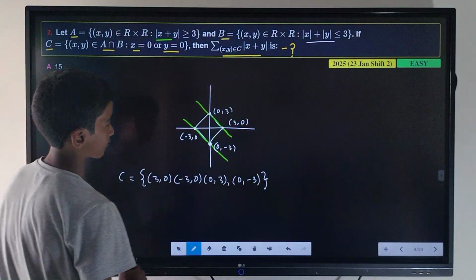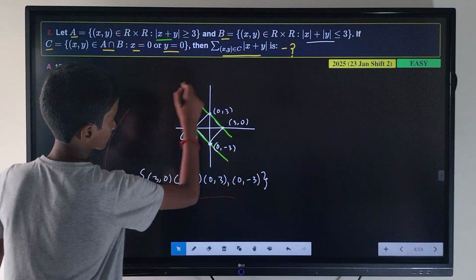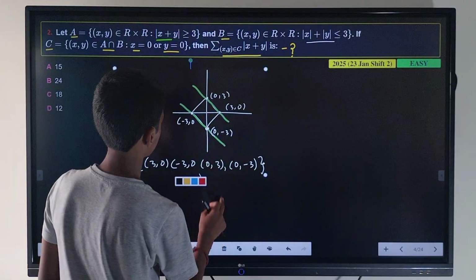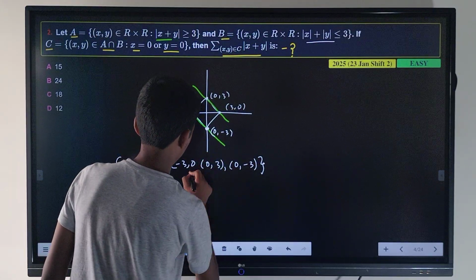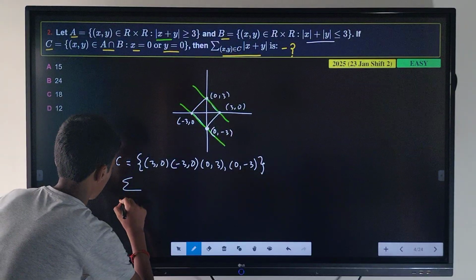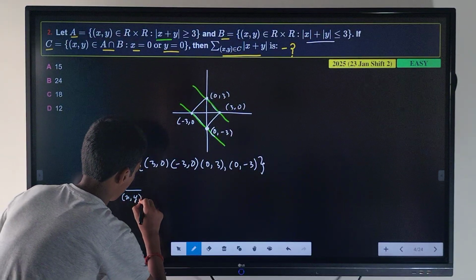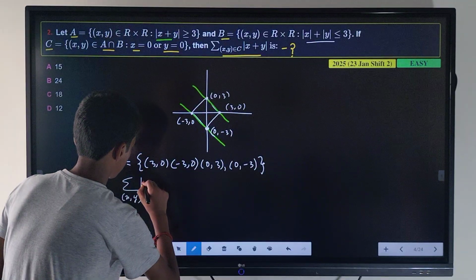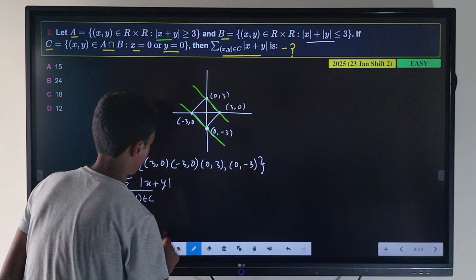Now the required sum in the question is the sum over (x, y) belonging to C of modulus of x plus y.